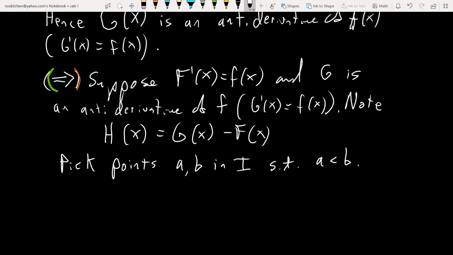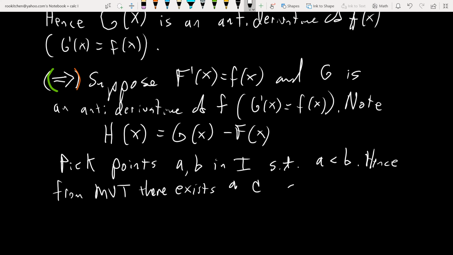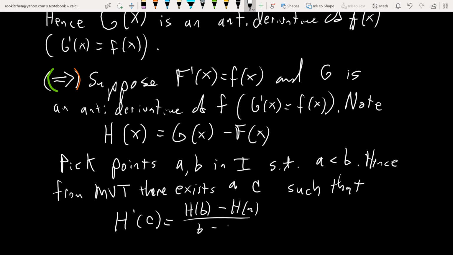So from the mean value theorem, there will exist a value c such that c is in between a and b, and h prime of c is equal to h of b minus h of a all over b minus a.